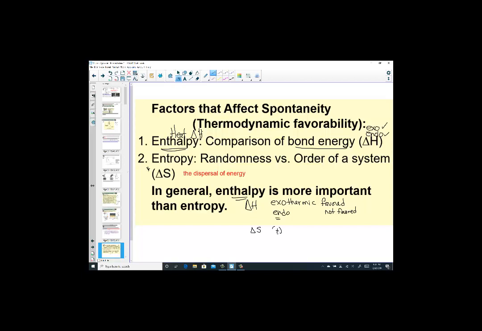If entropy is positive, that is a favorable condition. That means that you are dispersing energy. You're creating a more chaotic, a more disorganized system. And if it is negative, it is an unfavorable situation, meaning that it's not leading towards spontaneous reactions because things are becoming more organized, or in other words, more concentrated energy in one place.